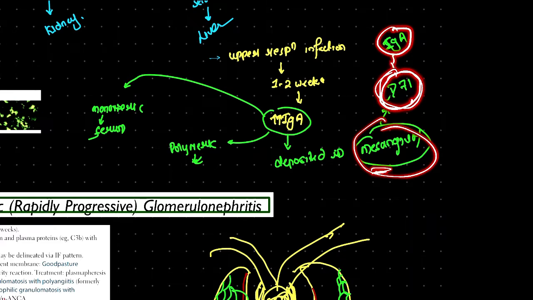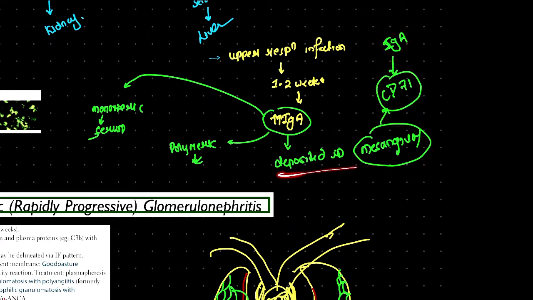As CD71 is present on the surface of the mesangium, it will attach a large number of IgA, and this attachment of a large number of IgA will cause the deposition of IgA in the mesangium. Now, another important feature of this IgA is that it causes the activation of the complement system.